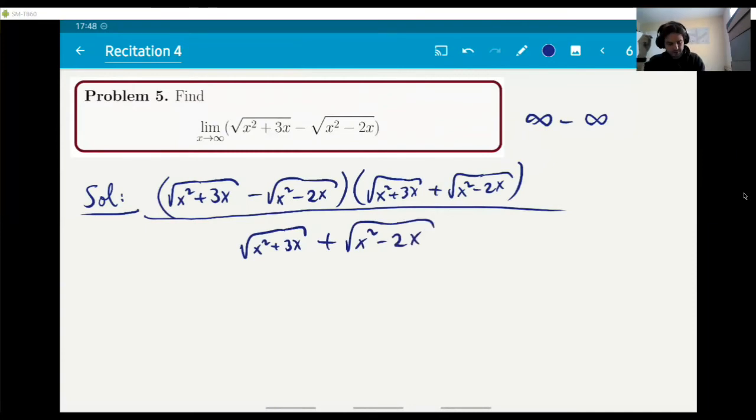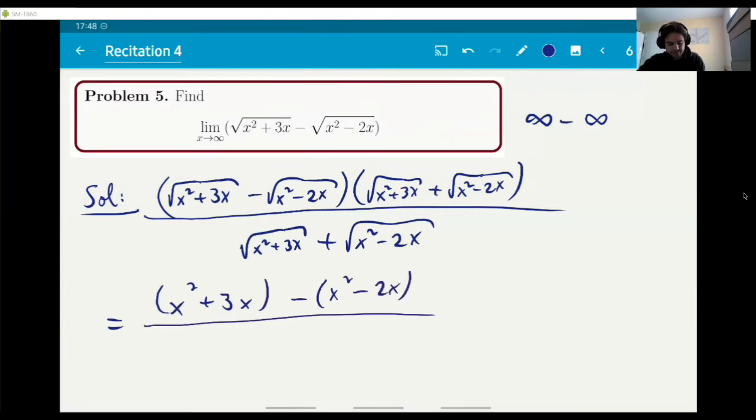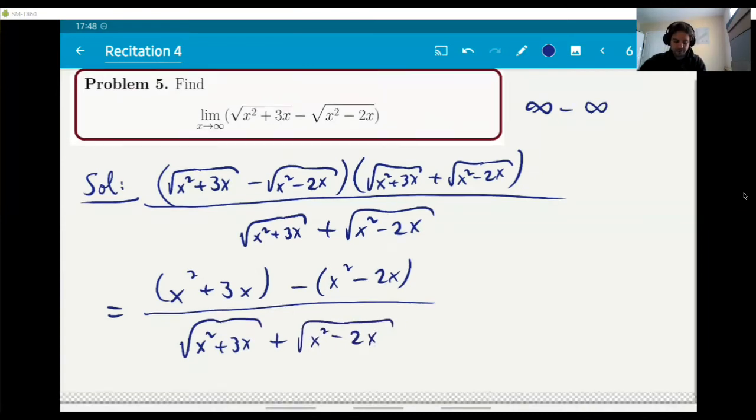Why do we do this? Now, when you expand out the numerator, you have an expression like a minus b times a plus b. The simplification of that leaves a squared minus b squared. And the square gets rid of the square roots. So that was the difference of squares in the numerator.